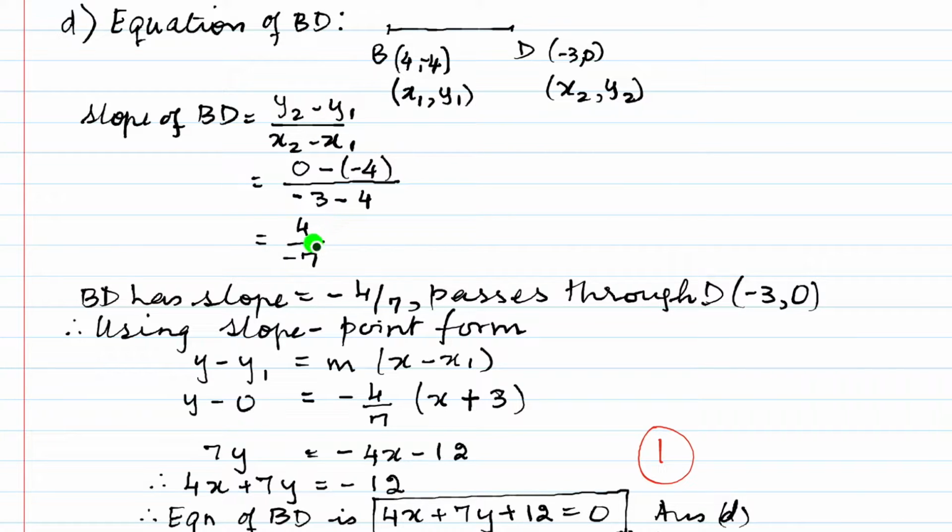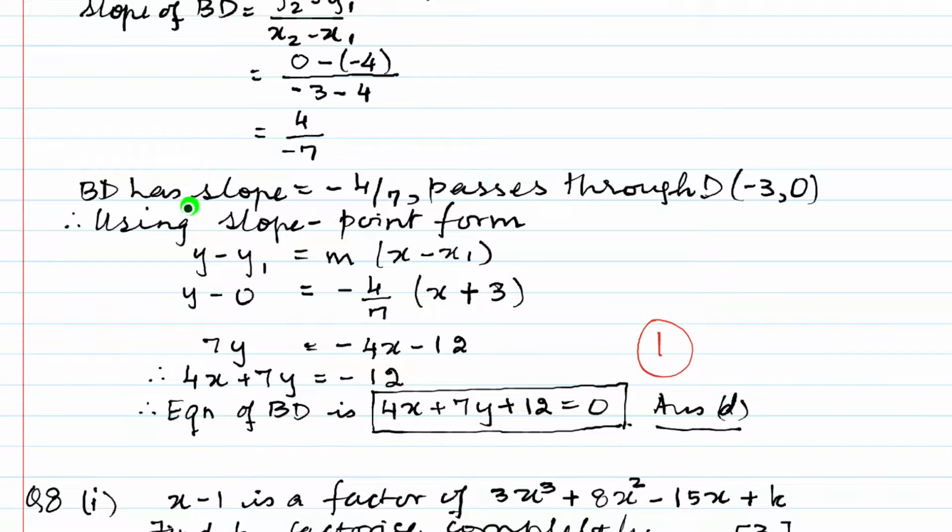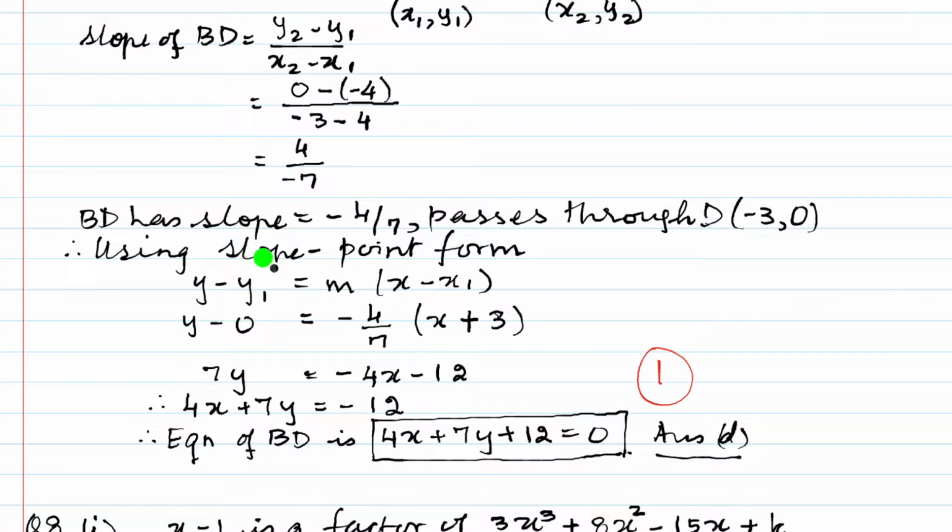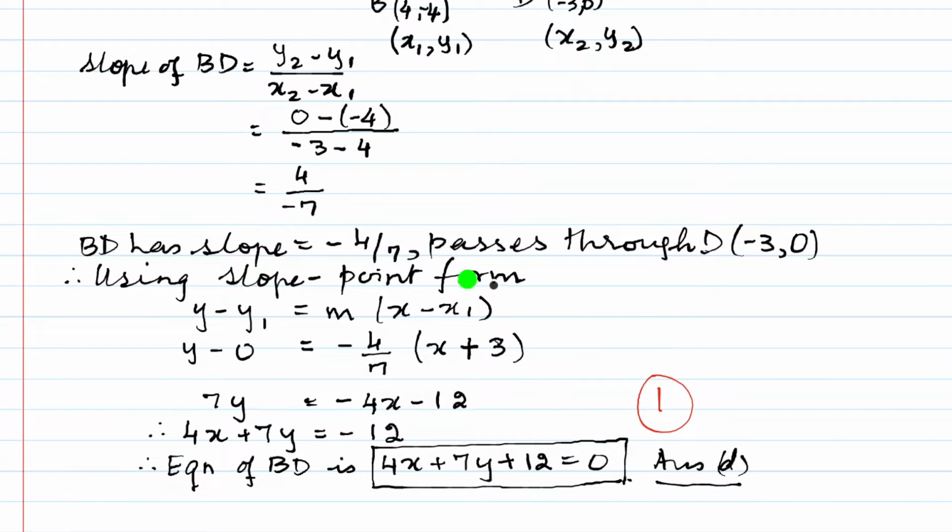Substitute the values and you'll get the slope of BD as 4 upon minus 7. Then we say BD has slope equal to minus 4 upon 7, and it passes through point D. I have taken instead of B, (-3, 0), because this 0 is going to make my calculations faster. Using slope point form, y minus y1 equals m into bracket x minus x1.